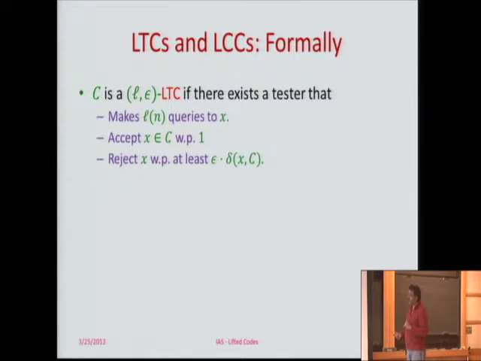On the other hand, when you have a vector x which may not be in the code, then you reject it with probability at least epsilon times the relative distance of this x to the code. So what fraction of x do I have to change to get a code word? You look at that quantity, you multiply that by epsilon, and you should be rejecting with at least that much probability. So this is the expectation.